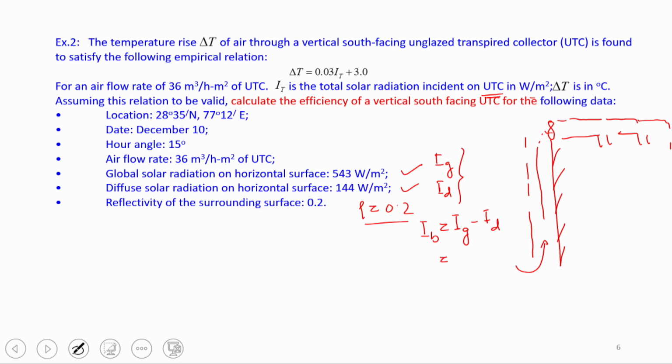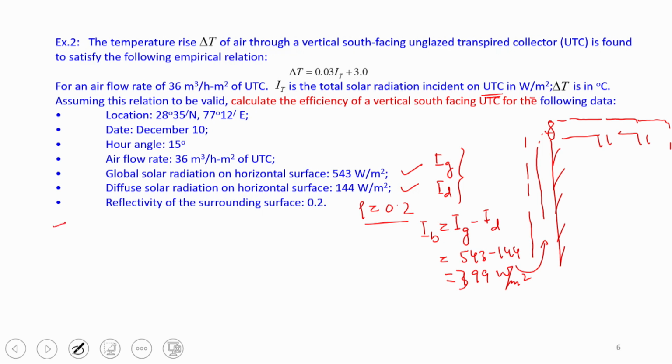So, Ig is 543 minus 144. Okay. So, you can find out what this value is. Can someone tell me? It will be 399. Yeah, this is in watt per meter square.